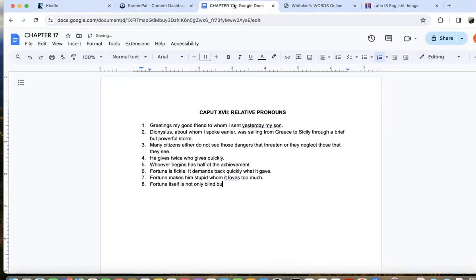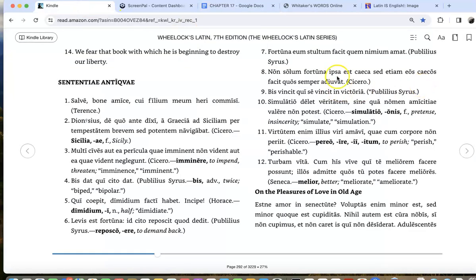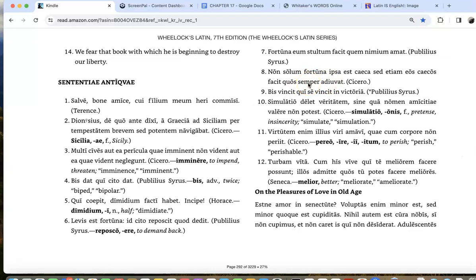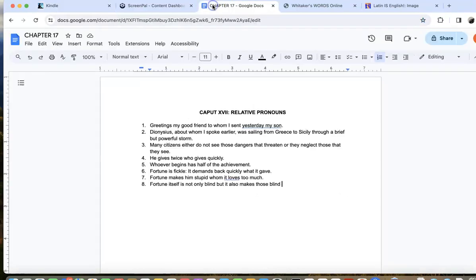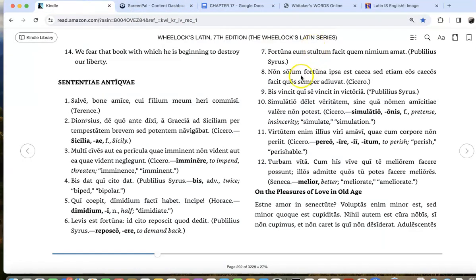Fortune itself is not only blind, but it also makes those blind who it always helps. So let's take a look at this last part in particular.